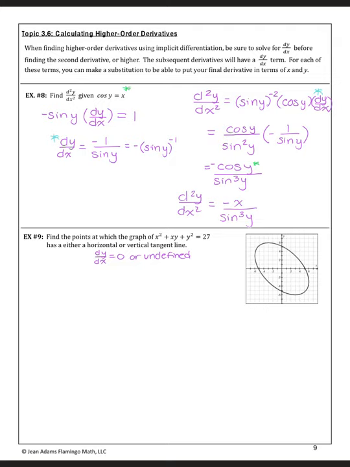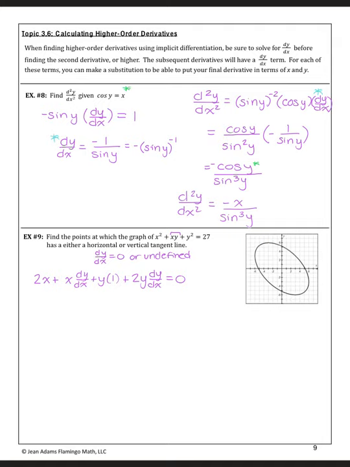If I take the derivative of that function up there, I would get 2x plus this xy requires a product rule. So you have the first times the derivative of the second plus the second times the derivative of the first, plus the derivative of y squared, which is 2y dy dx, equals 0. For some reason, that derivative of a constant always gets forgotten.